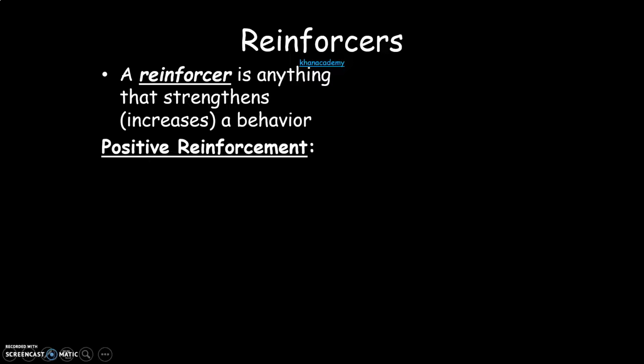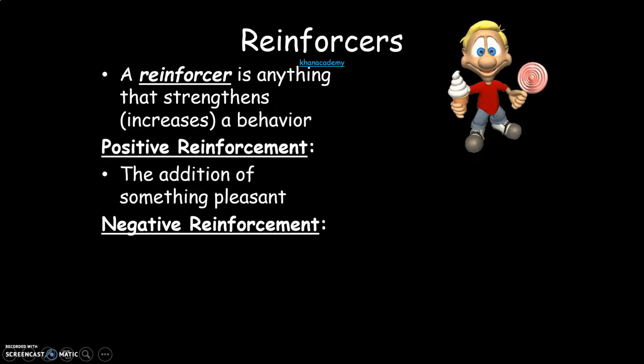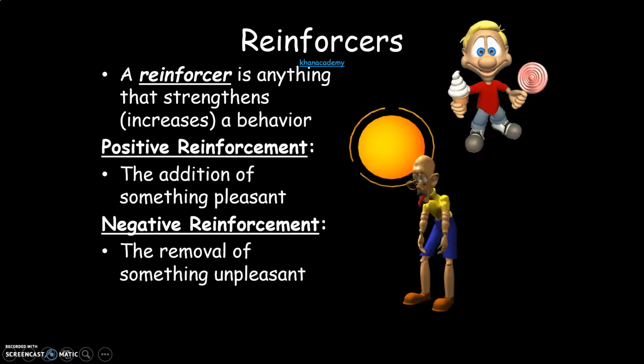So a positive reinforcement, something that's wanted is given to whoever is doing the behavior to repeat the behavior. Okay, a negative reinforcement, something is taken away. So something unpleasant is taken away.